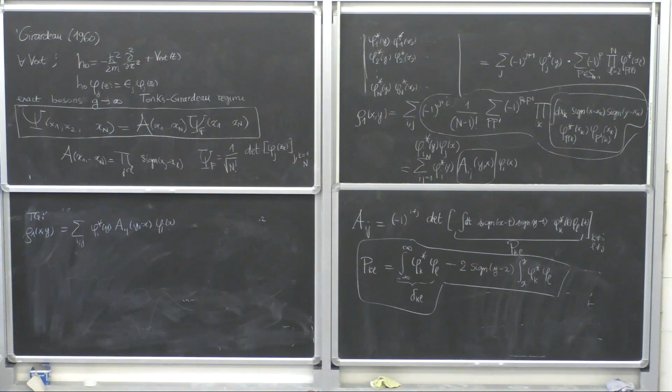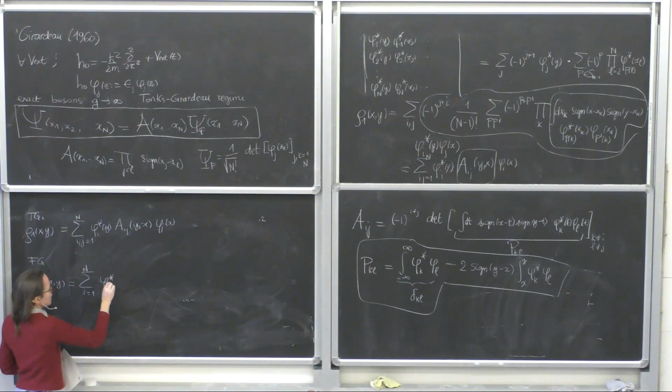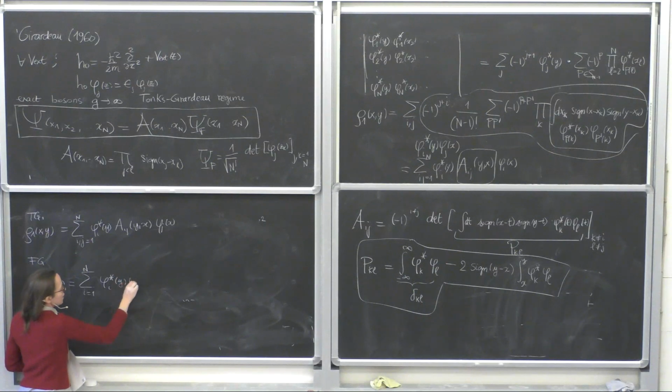First of all, look, this is very different from the one of a free Fermi gas. For a non-interacting Fermi gas at zero temperature, the one-body density matrix is diagonal, so it has this form: sum over i from 1 to n, phi star i of y, phi i of x.